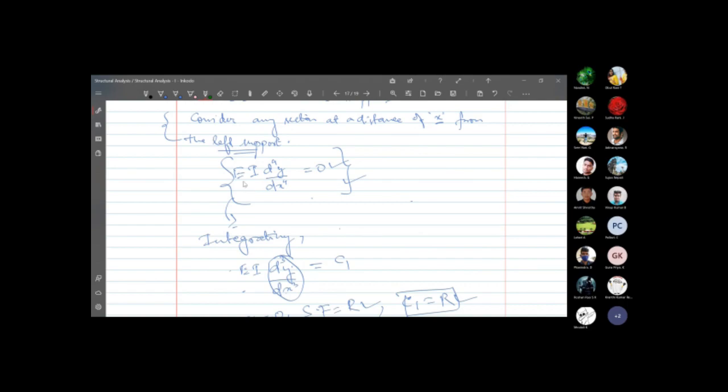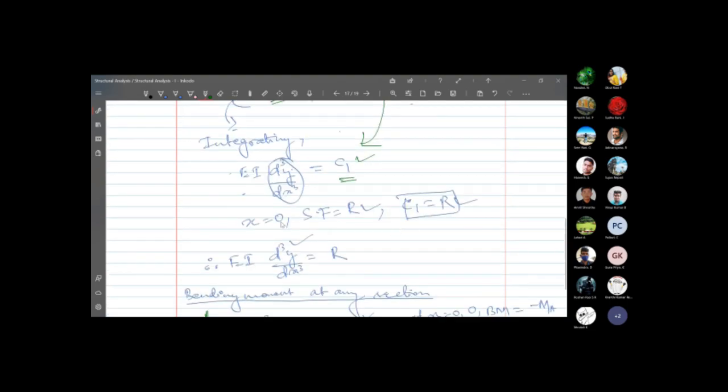Since the rate of loading is 0, EI into d to the power 4 y by dx to the power 4 will be 0. If I integrate this, I will get EI into d cube y by dx cube equals C1.